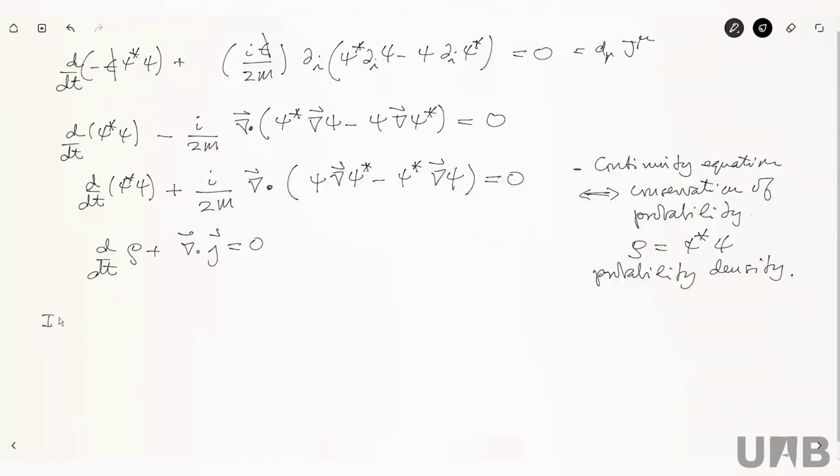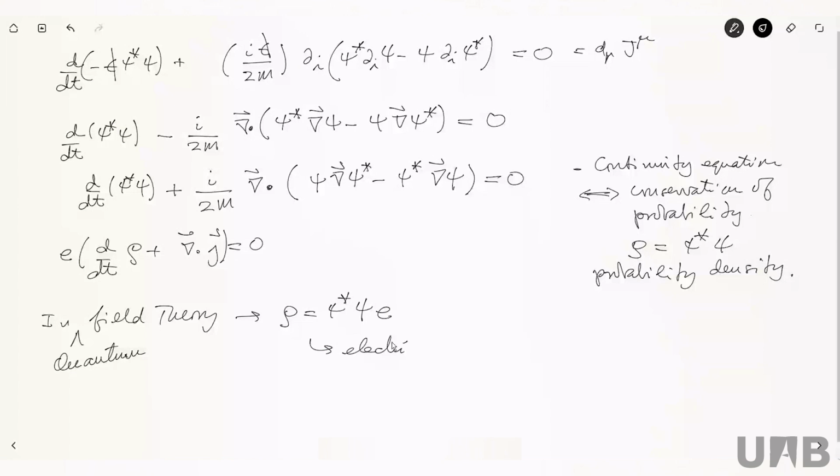Now, in field theory, and actually in quantum field theory, rho equals psi star psi is no longer the probability density, but you multiply the whole thing by the electric charge, okay? And this is the electric charge density. This is the thing that I cannot explain why that has to be so, okay?